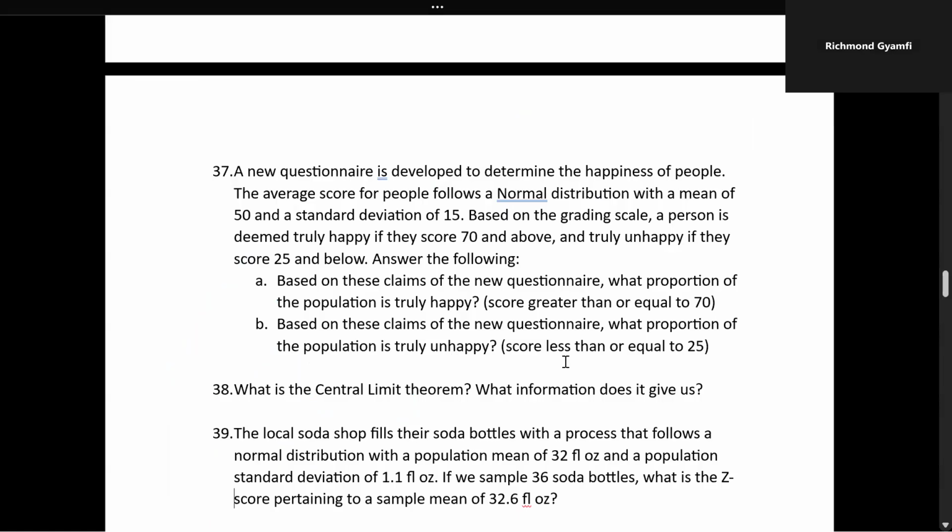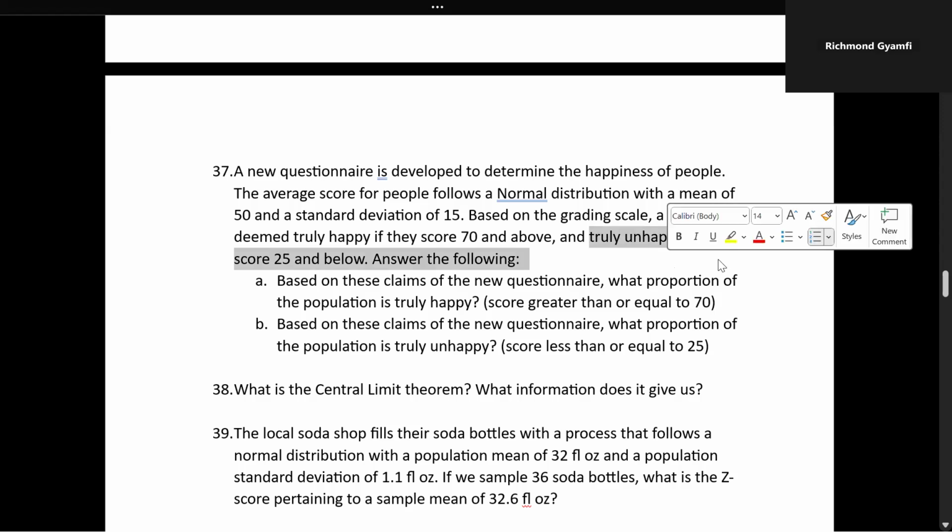With this one, it says those who are truly unhappy, oh, it says it right here, score 25 or below. So that is the area to the left.